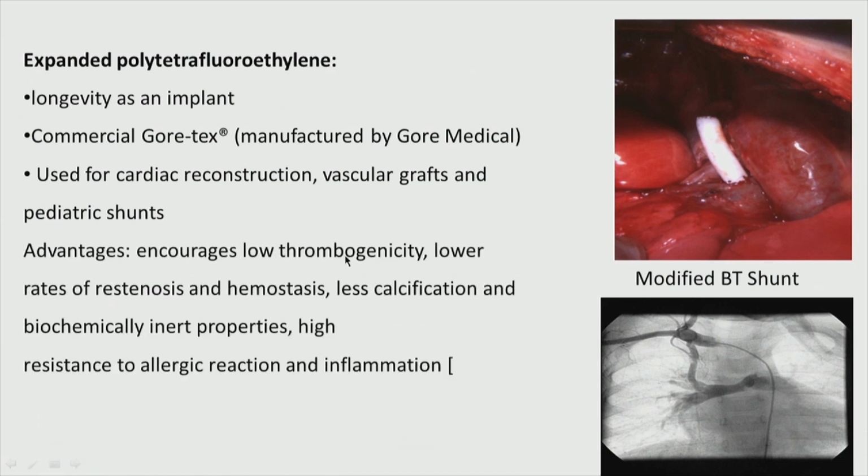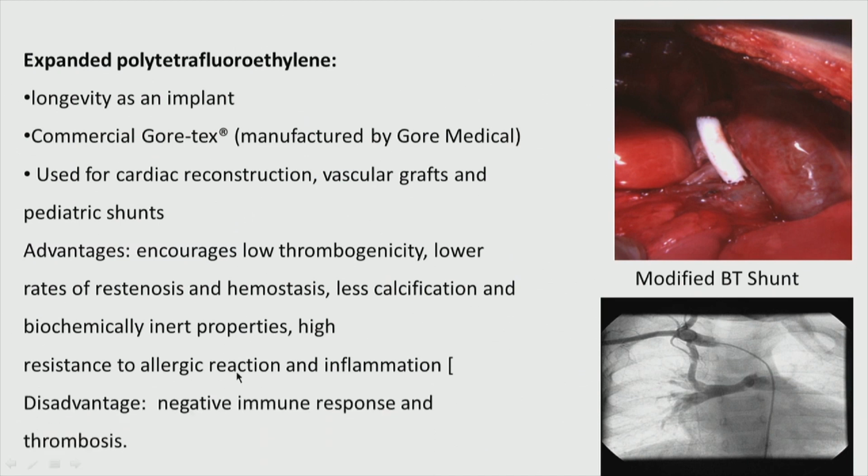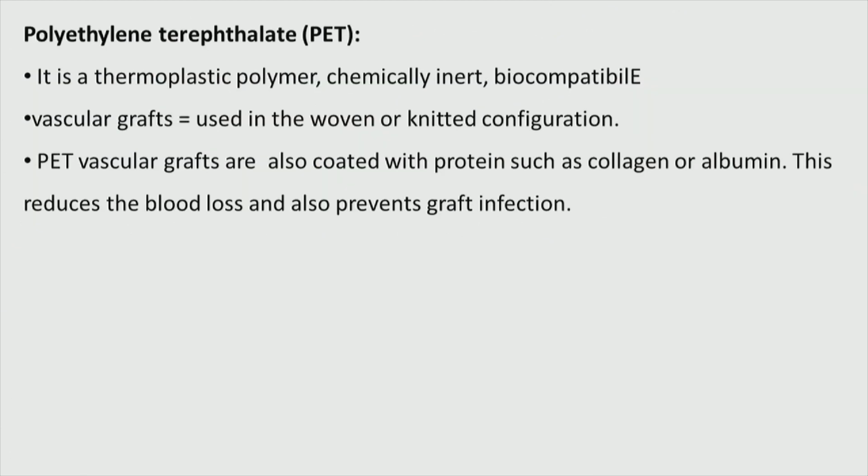Advantages: it encourages low thrombogenicity, lower rates of restenosis, hemostasis, less calcification, and it is biochemically inert. It is also resistant to allergic response and inflammation. Disadvantage: negative immune response and thrombosis. PET is chemically inert and biocompatible. It is used in vascular grafts, large diameter vascular grafts.